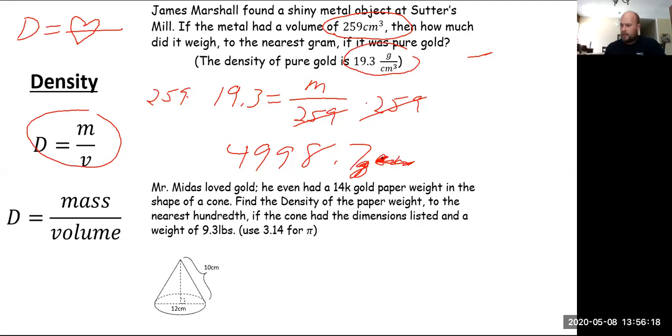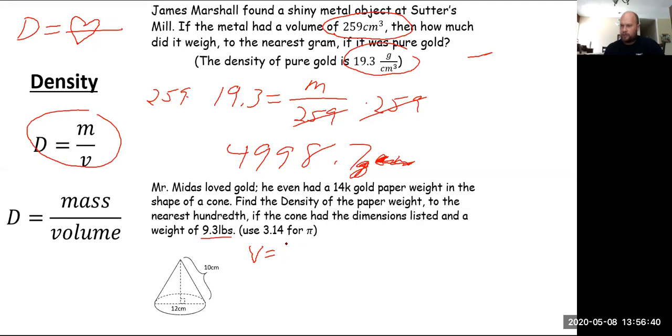So let's take a look at this problem. We have the weight, and we have our cone, and they gave us some dimensions. They didn't give us a volume, but they want us to find density. So what do we have to do? We have to find the volume first. So we go back and use one of our formulas from the earlier section.